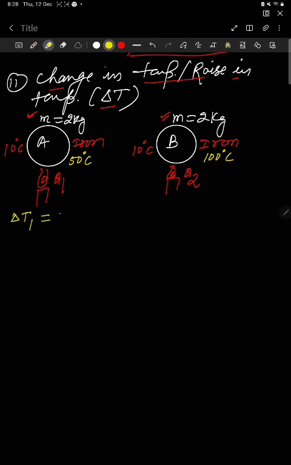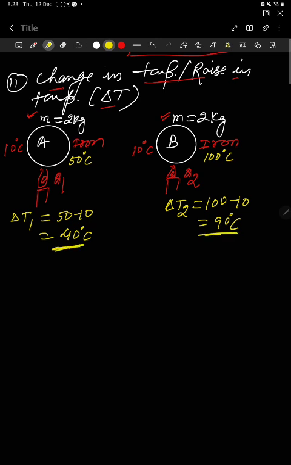Delta T1 will be 50 minus 10, so it will be 40 degrees Celsius, and here the rise in temperature is 100 minus 10, so it is 90 degrees Celsius. Now here change in temperature is less, and here it is more. Now tell me in which case we have to supply more heat, in ball A or in ball B? Yes, it is obvious that we have to supply more heat to ball B, because we have to raise its temperature up to 100 degrees Celsius, and here only up to 50 degrees Celsius.